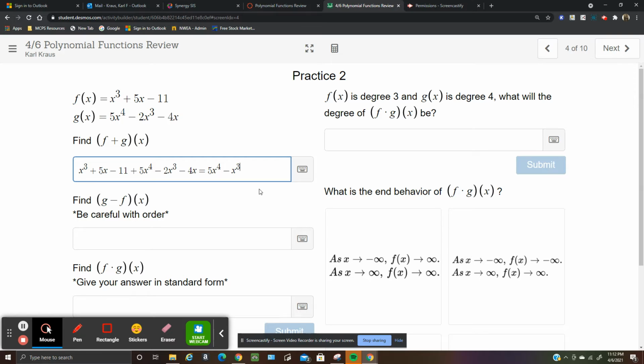The x terms is minus 9x, and then the constant term is minus 11.